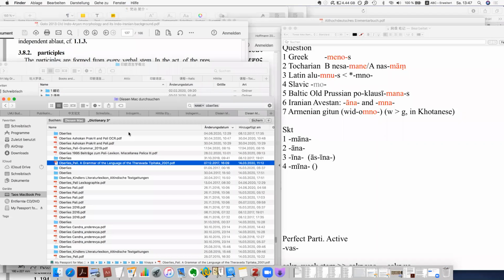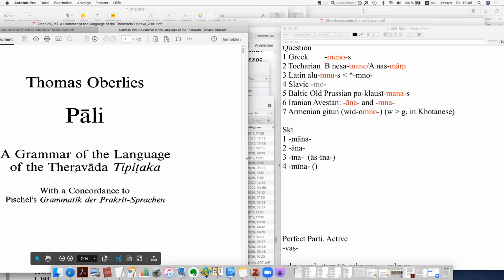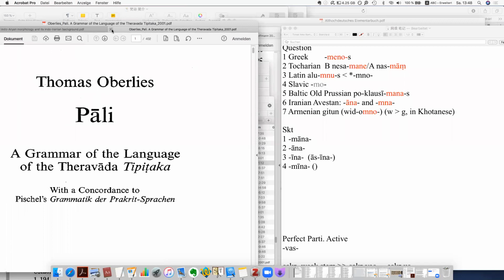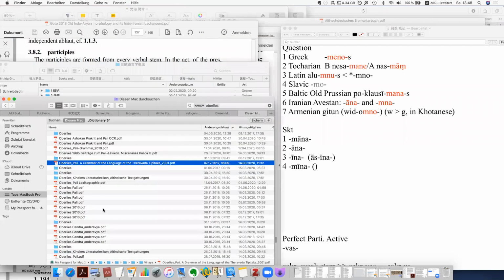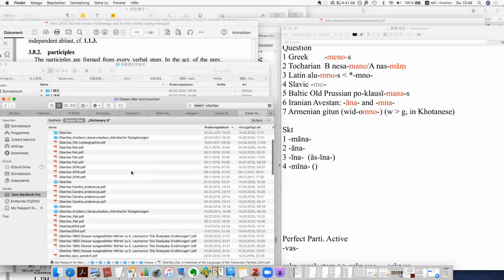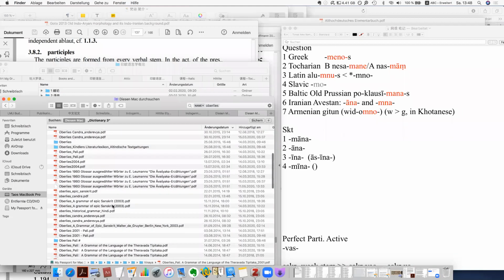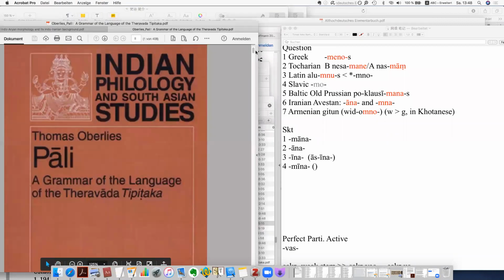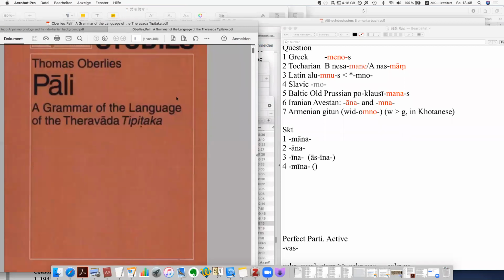The book is called A Grammar of the Language of the Theravada Tipitaka, right? But I don't have the, wait a minute. I need to find a searchable version. Wait a minute. I think this is searchable. Yeah, this is searchable. So this is the cover of the book called Grammar of the Language of the Theravada Tipitaka.